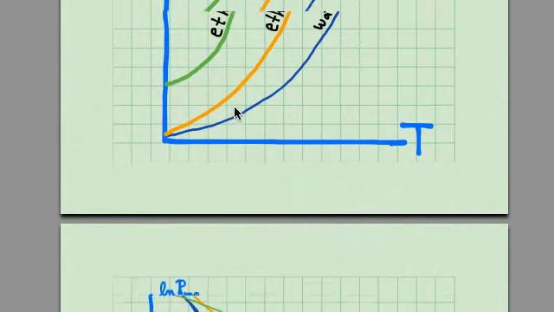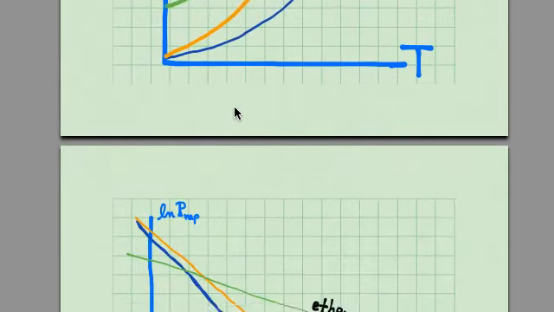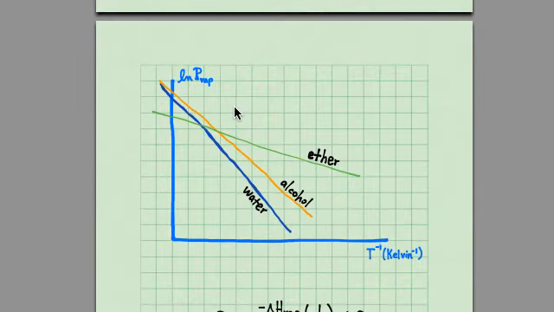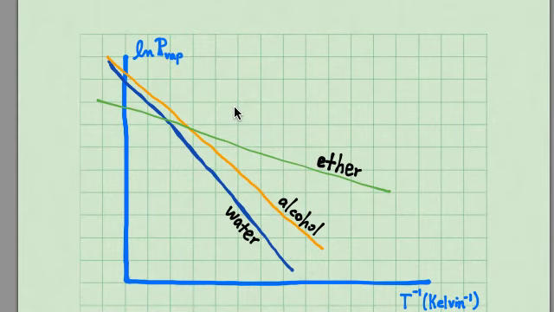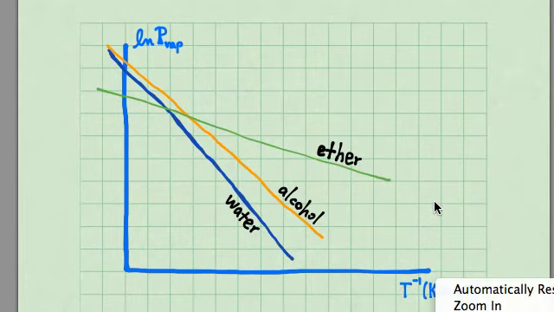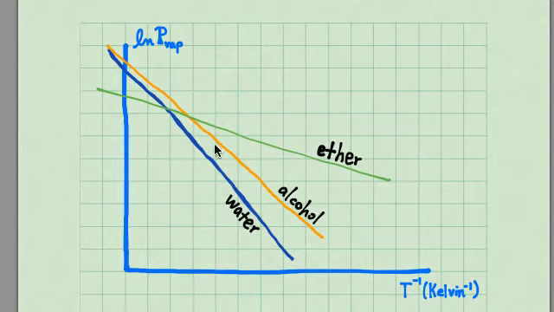If I want to linearize this data, I do a similar trick mathematically. I take the natural logarithm of the vapor pressure on one axis and the reciprocal of the temperature on the other axis. And lo and behold, no surprise, it linearizes each of them, but of course they all have a different slope.